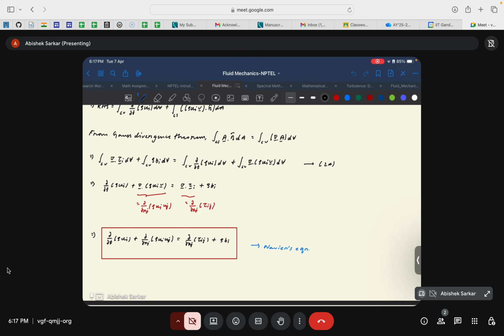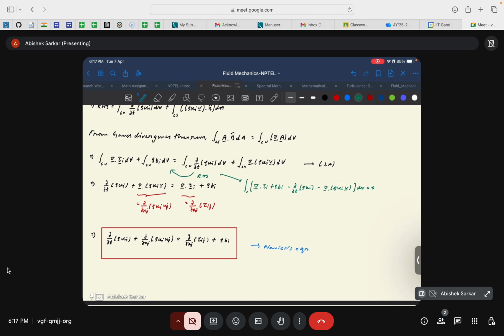If you take this to the right hand side, you will have the volume integral of del dot tau_ij plus rho b_i minus partial derivative with respect to t of rho u_i minus del dot rho u_i v, dV, equal to 0.